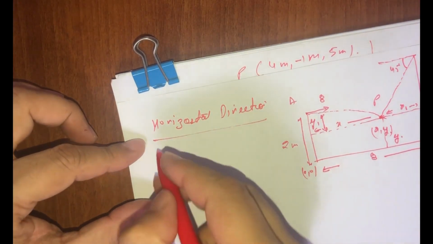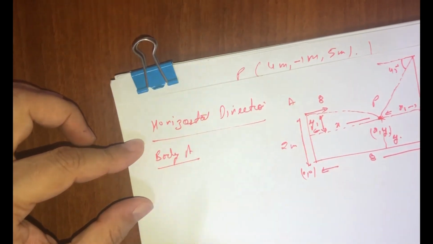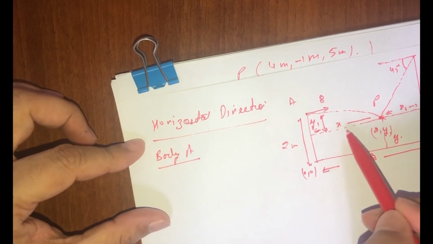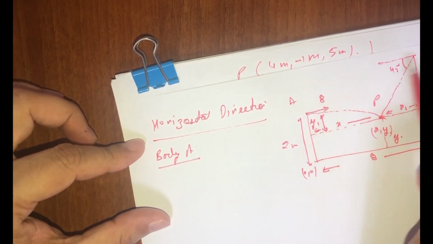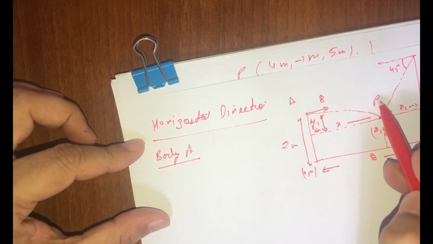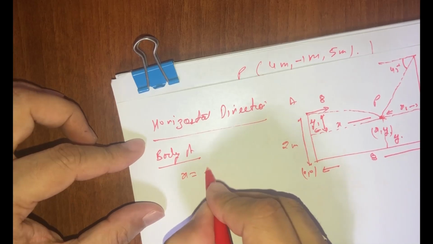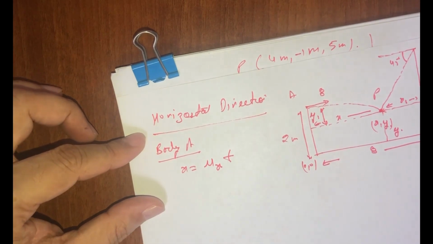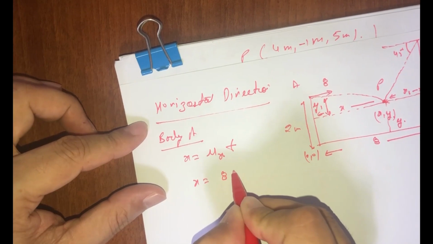First is body A. The horizontal distance traveled by body A in time t, where t is the time of flight of both objects, from A as well as B, up till the collision point P. So we can say that horizontal distance x will be equal to horizontal velocity multiplied by time t, and horizontal velocity is given as 8, so x is equal to 8t.